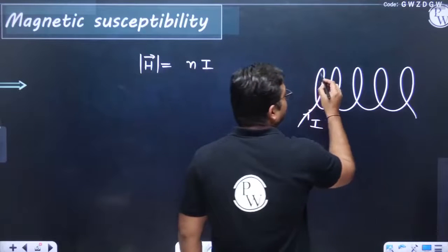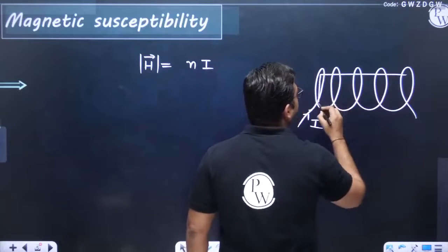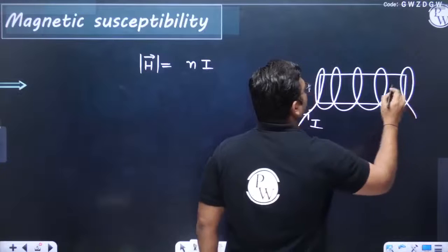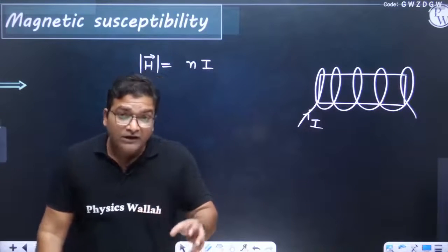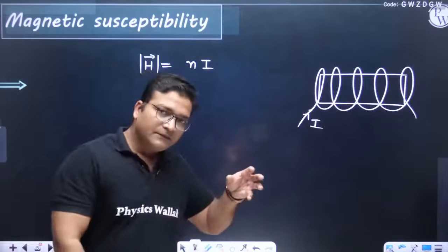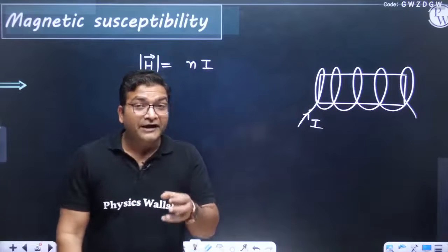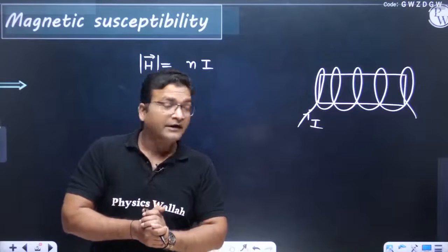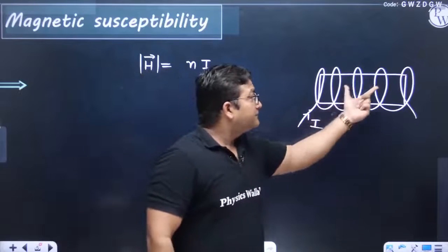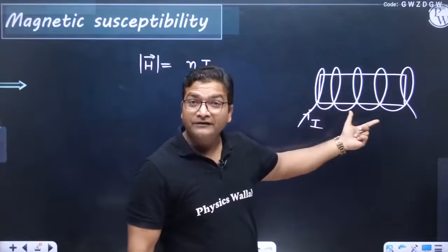Suppose we place a magnetic medium inside the solenoid. What happens then? The molecules of the magnetic material try to align themselves in the direction of the external magnetic field, and then this medium is magnetized.